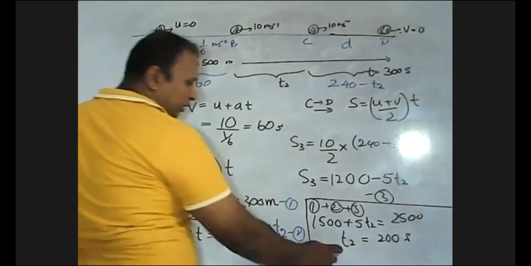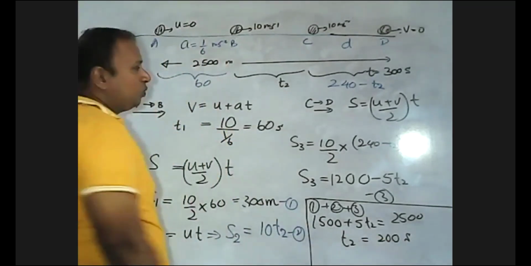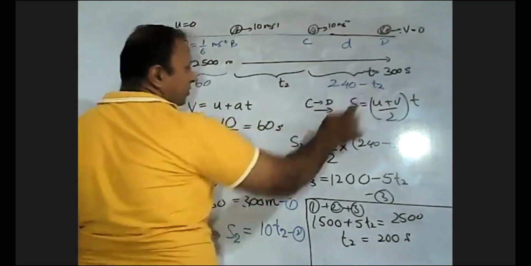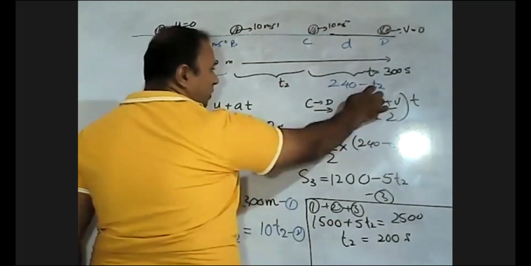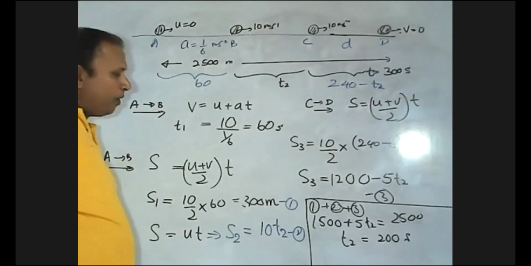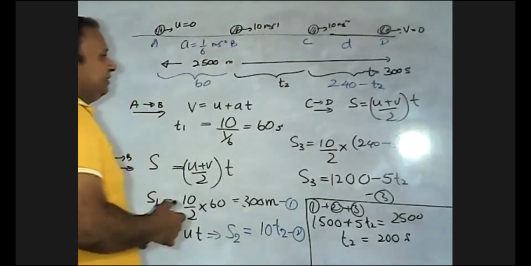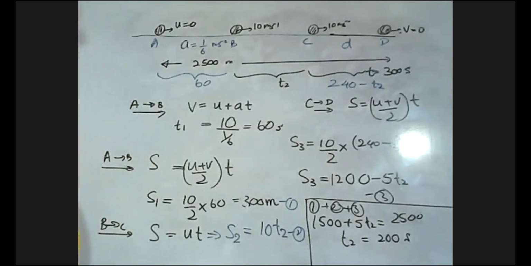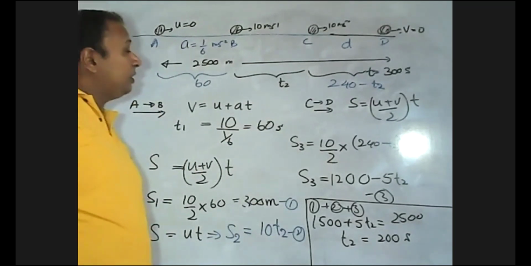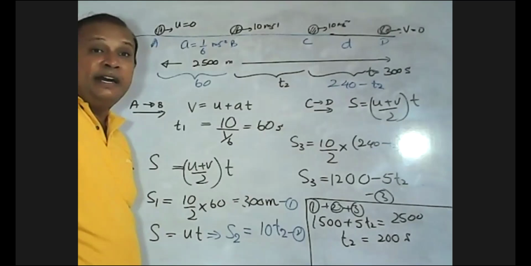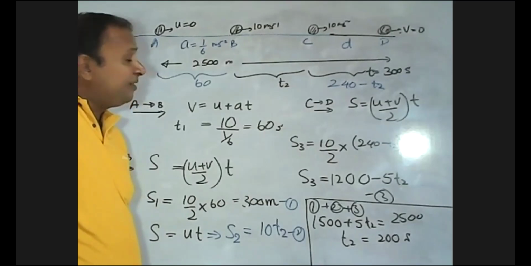If T2 is 200, then 240 minus 200 means 40 seconds. So from that equation, you can find the deceleration. V equal U plus AT.